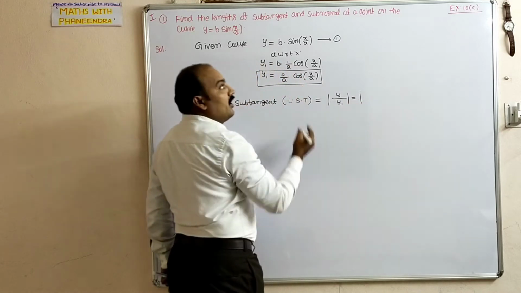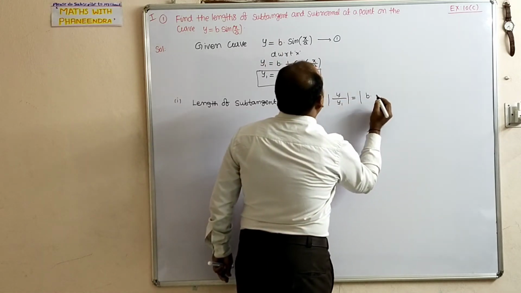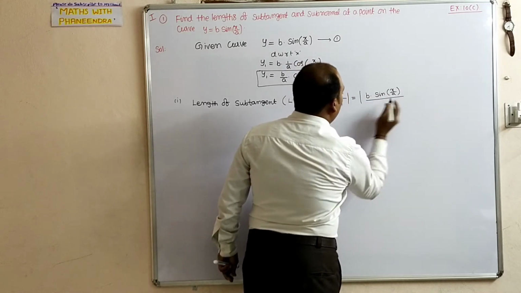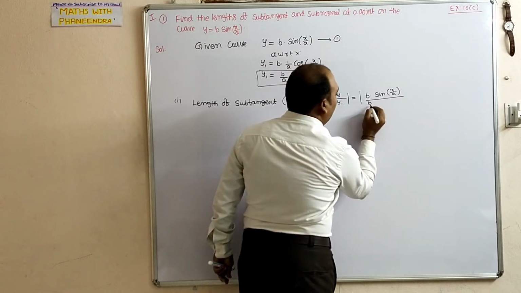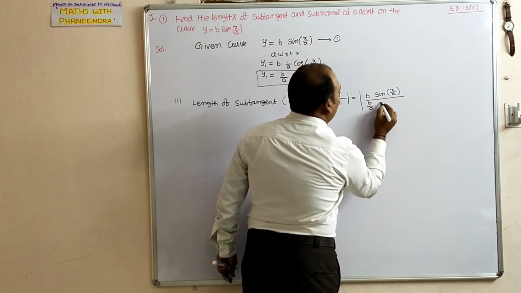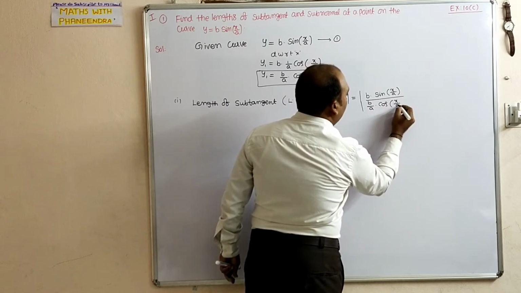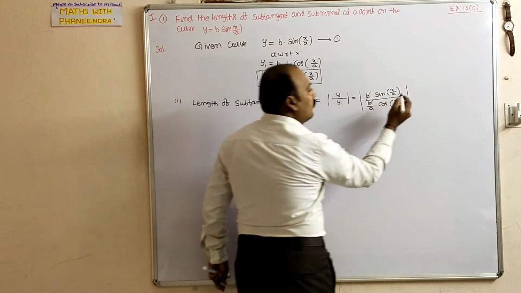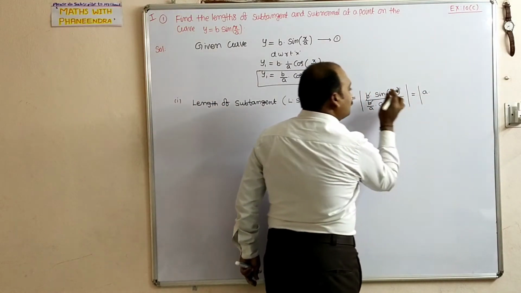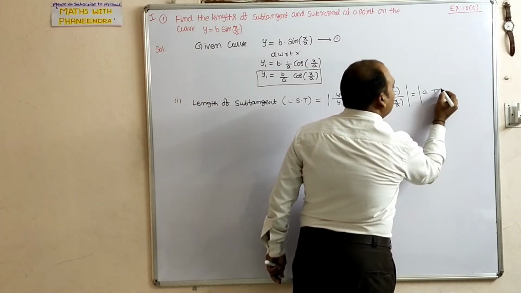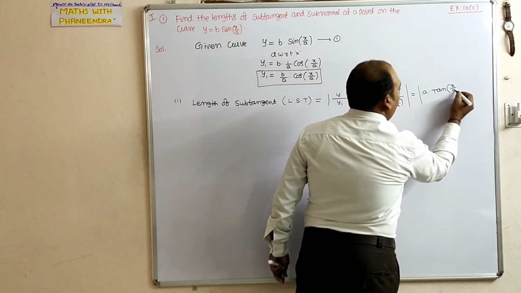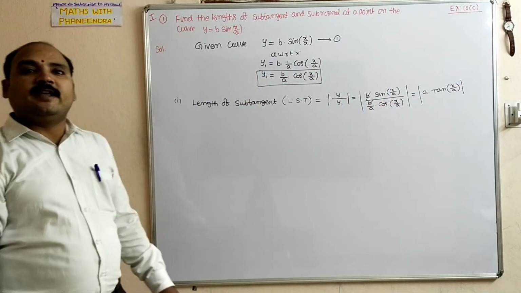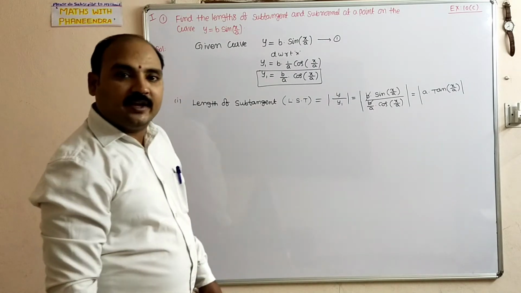That is equal to mod y value, which is b into sine of x by a, whole divided by y1 value, b by a into cos of x by a. So b gets cancelled, and the denominator a becomes the numerator. Mod a into sin x by a by cos x by a, which is tan x by a. That is the answer. Therefore, the length of subtangent is a into tan x by a.